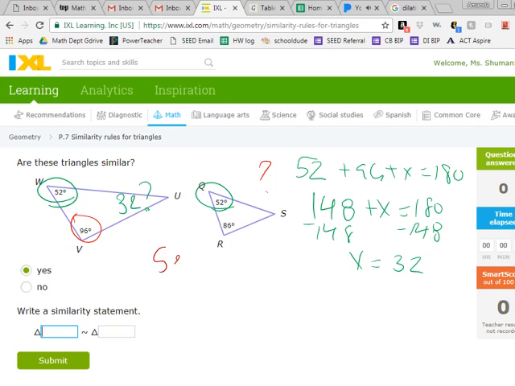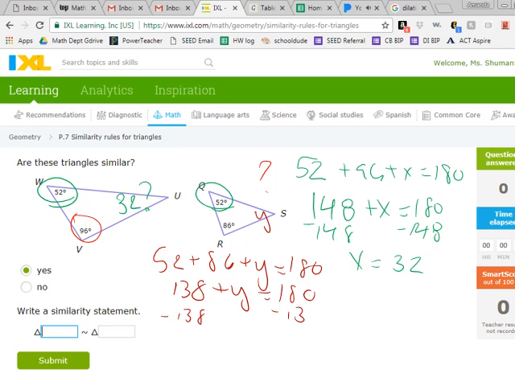So 52 plus 86 plus, let's call this y, equals 180. So 52 plus 86 is 138, plus y equals 180, minus 138 on both sides. So y is going to be 44.